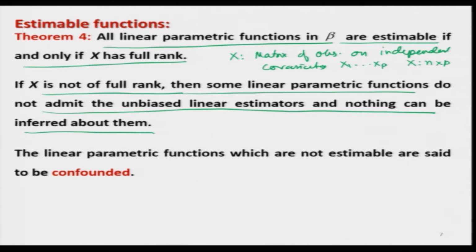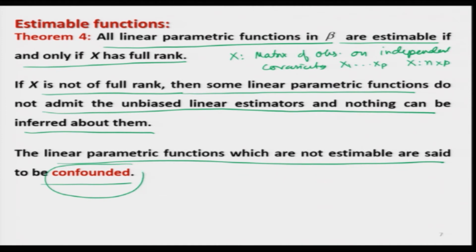The linear parametric functions which are not estimable are called confounded. This word confounded is very useful when we deal with factorial experiments. I have one request to you all: in this lecture I have given you the formal definition of confounding or confounded effects, that the linear parametric functions which are not estimable are said to be confounded.